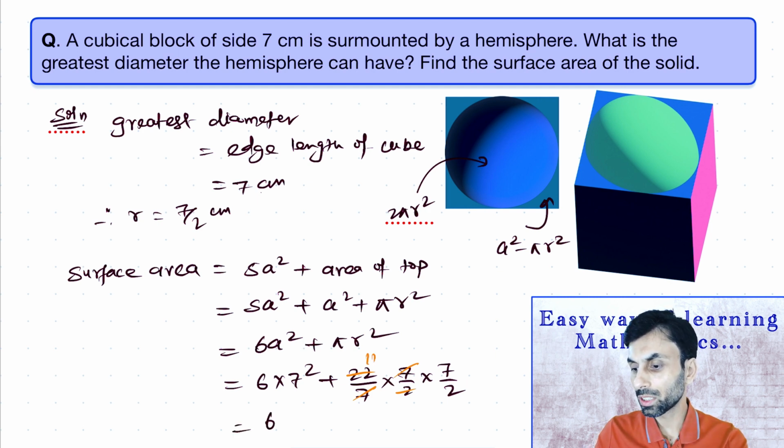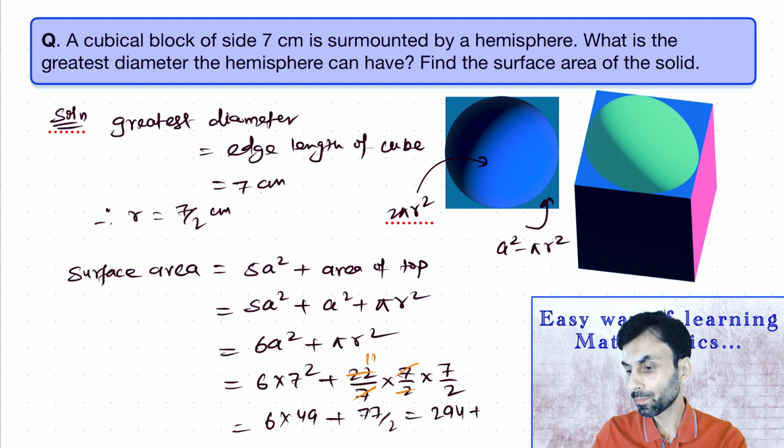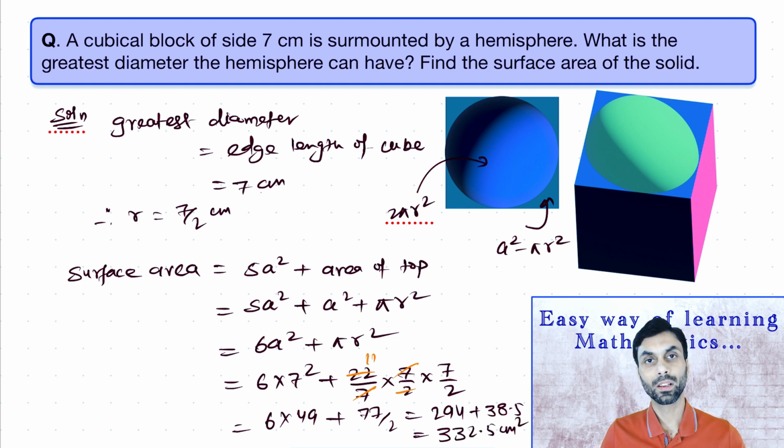The value will become 6 into 49 plus 77 upon 2, which will be 294 plus 38.5, which we can write as 332.5 centimeter square. That will be the value of it.